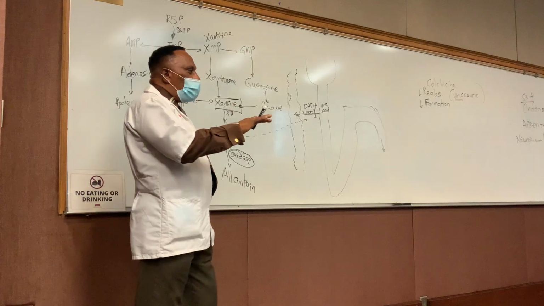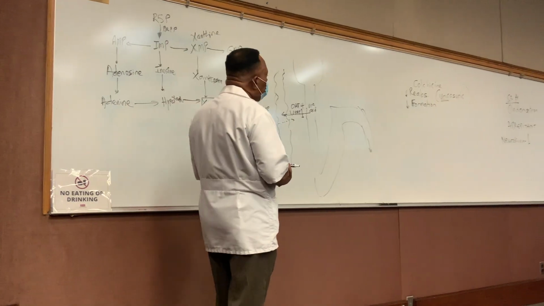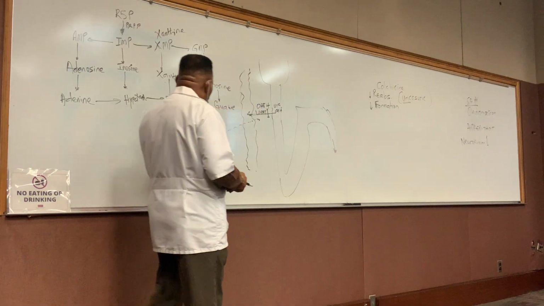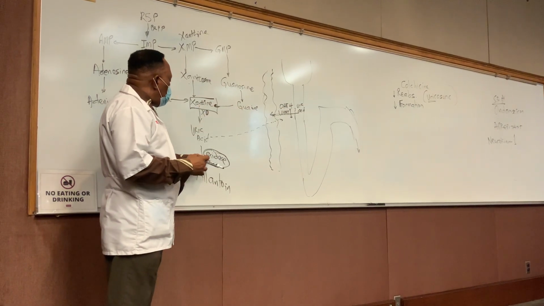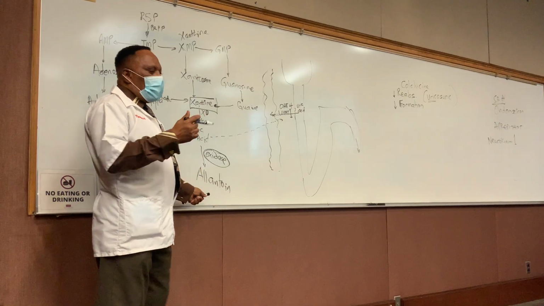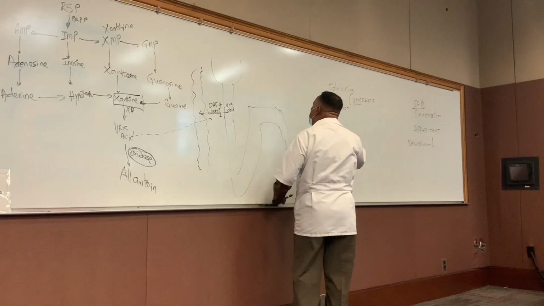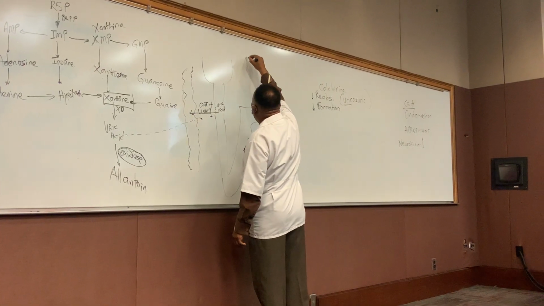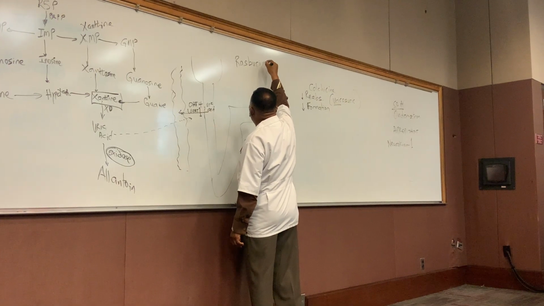So those are the four modalities that one can use. And so the agent that can convert uric acid to allantoin has been made. Okay. And it's called rasburicase.